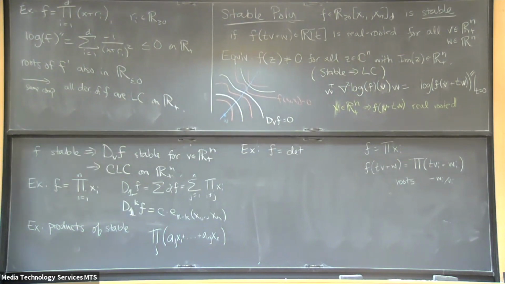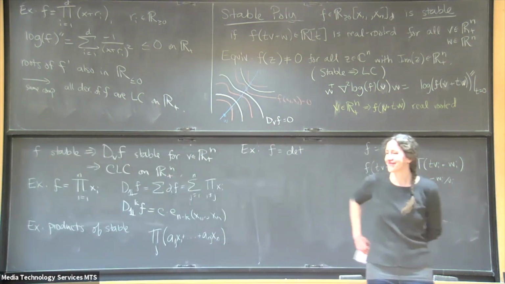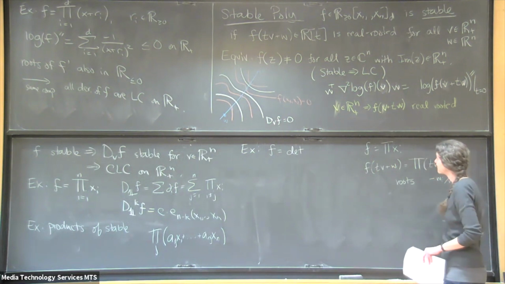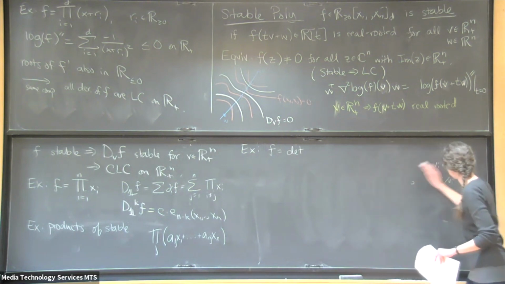The second characterization, the convex one, actually makes it very easy to see for the product.